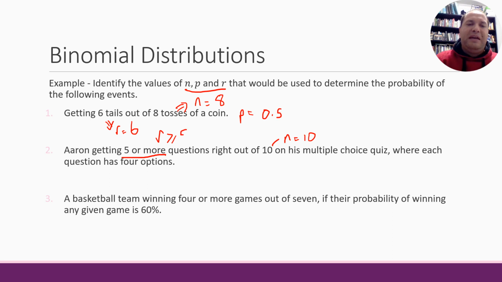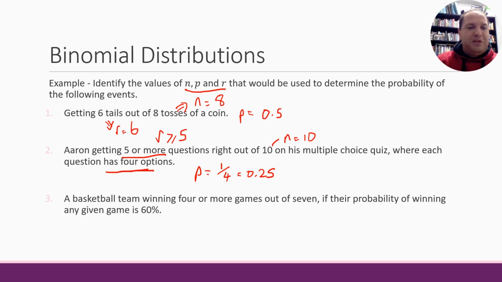We're looking for any r value that's equal to or greater than 5. So r is equal to or greater than 5. Now, each question has 4 options. We can assume that only one of those options is right. So the probability of successfully getting 1 question right is picking one of the 4 answers that's right, or 0.25.